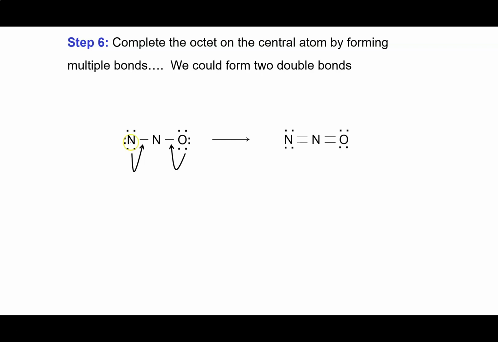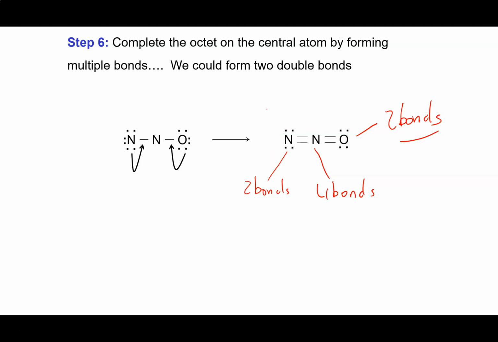One way of doing it would be to bring in, just like we did with carbon dioxide, 1 from each side, and have this nice symmetric structure. But you can see here that the nitrogen on the end has 2 bonds, the nitrogen in the middle has 4 bonds, and only the oxygen on the end gets what it wants with 2 bonds.